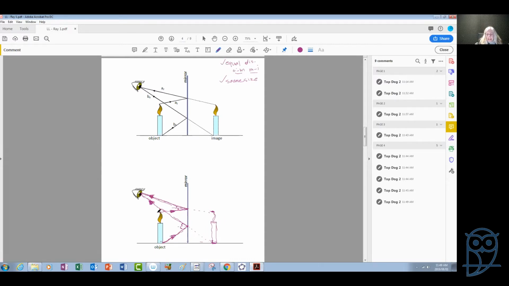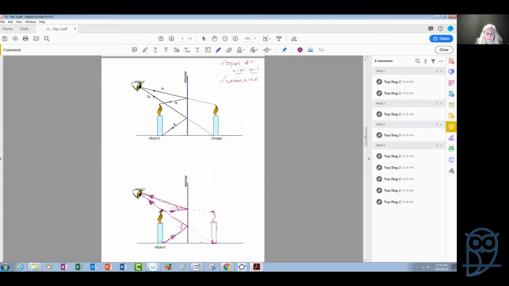Obviously, in between the object, there are millions of other rays that we could draw that fall on the mirror and they're reflected and reflect towards our eye. But we don't want to draw millions of rays here because it will be very confusing.